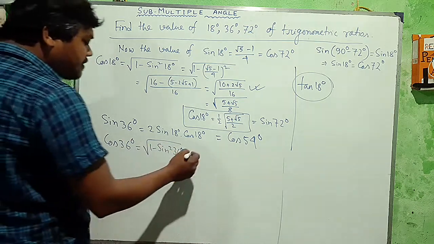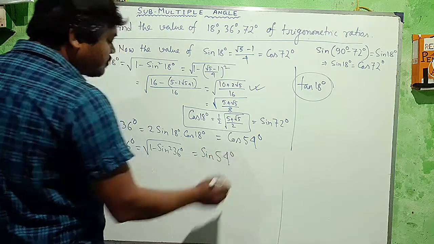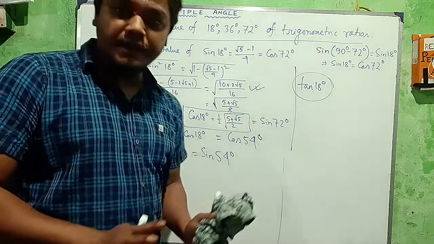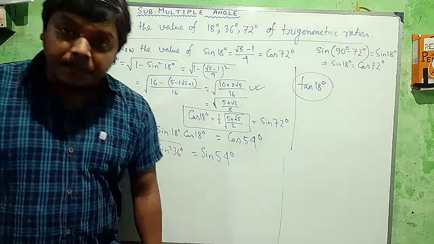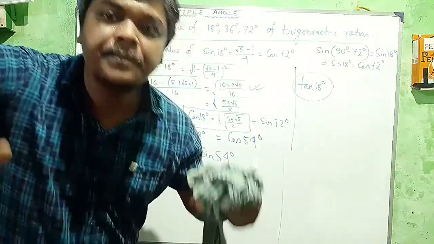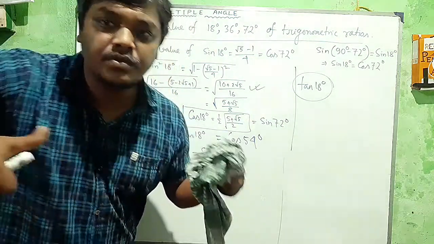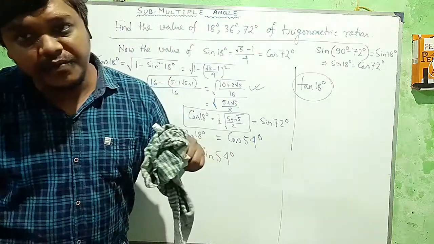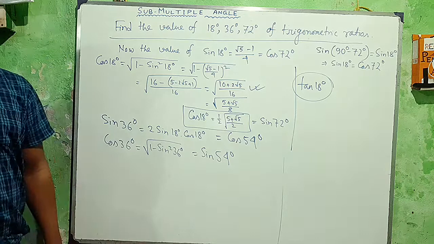So cosine 36 degree is always sin 54 degree also. So if you know sine 18 degree, you can easily calculate all the multiples of 18 degree. That means sine 18, cosine 18, sine 36, cosine 36, sine 54, cosine 54, sine 72, cosine 72. Okay?